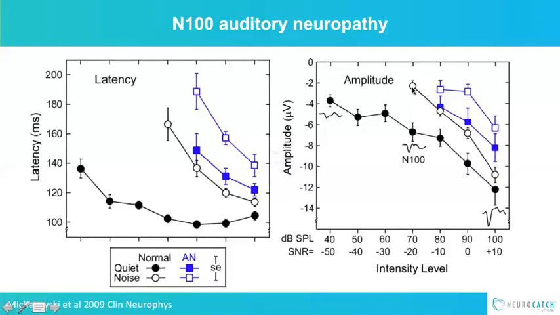You can see it gets smaller in terms of the negative scale. And this again matches auditory neuropathy in a quiet environment. And then when we put people with auditory neuropathy into a noisy environment, they get much worse. So that gives you a sense of how, from an auditory sensation point of view, the N100 maps this.